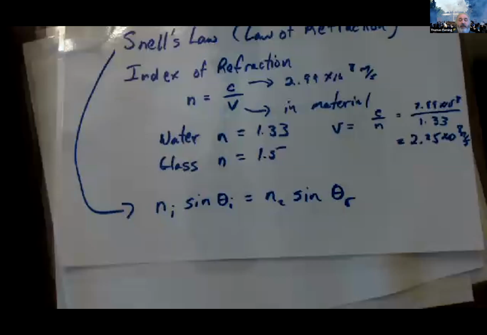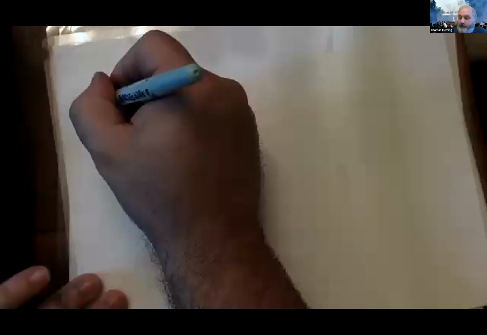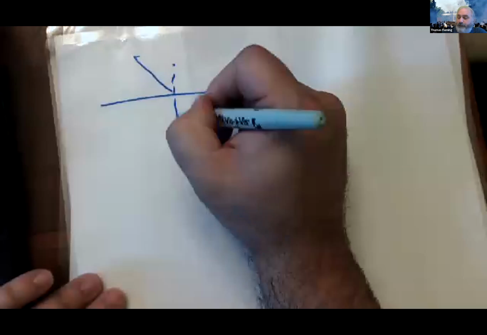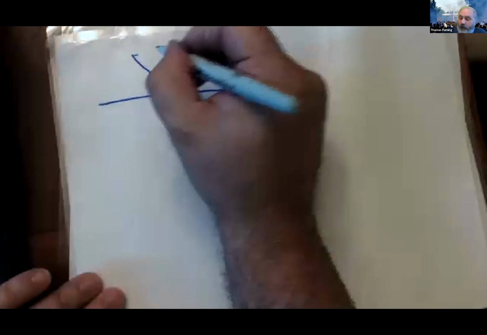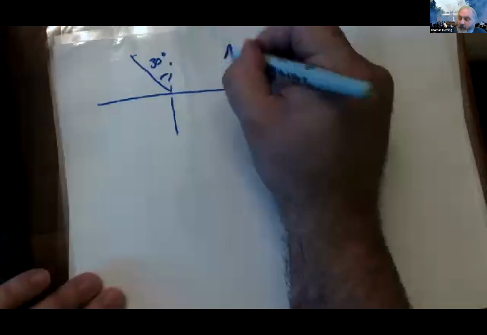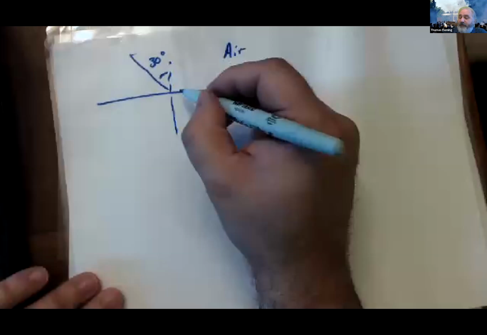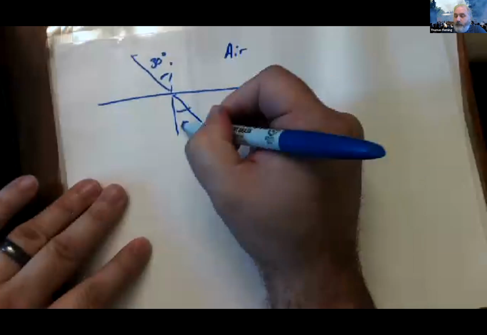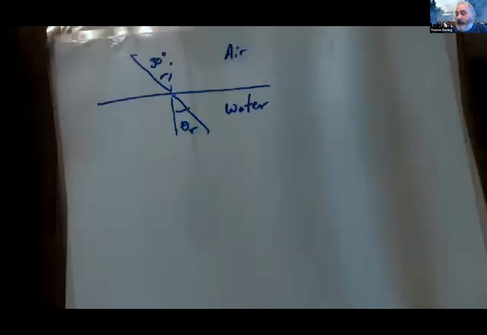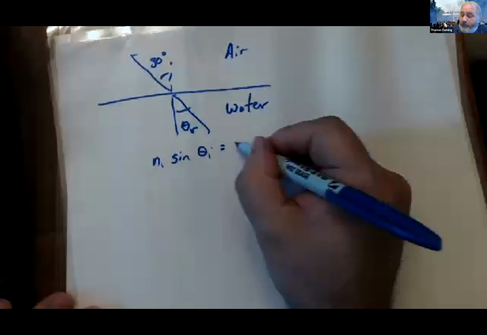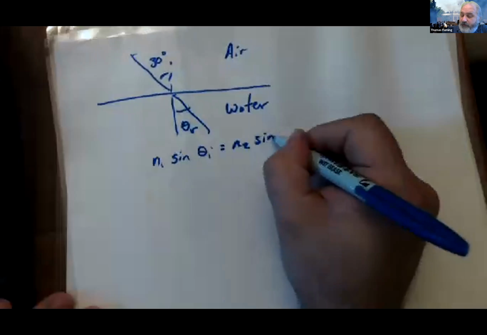So in that simulation that we were just doing, we had a bunch of water, we had a ray, here's my normal, and let's say that my angle of incidence was 30 degrees, and I'm going from air into water. Well, when I go to find theta r, I know that n1 sine theta i is equal to n2 times sine theta r.